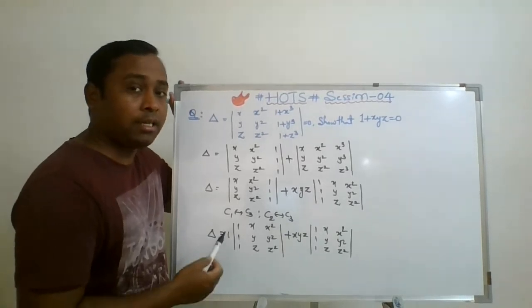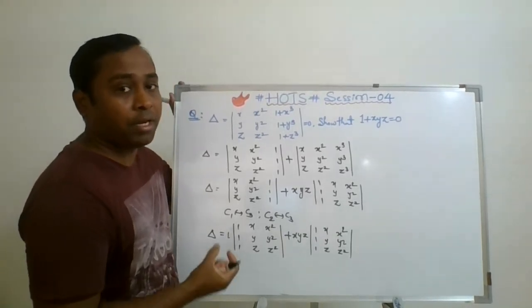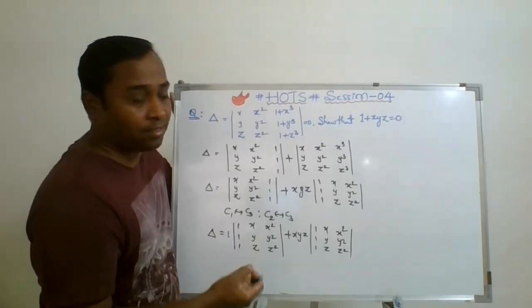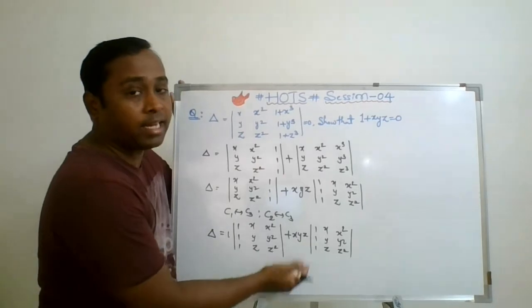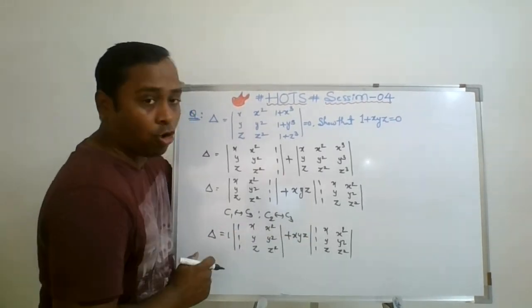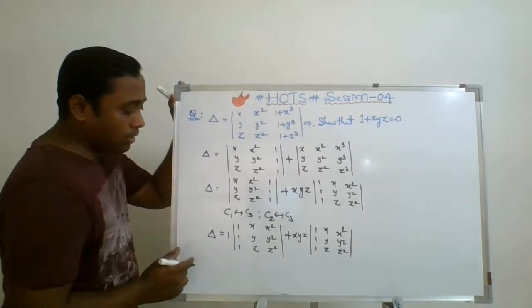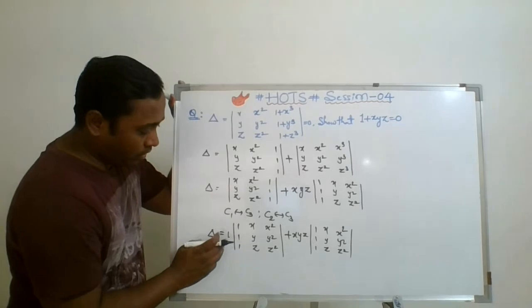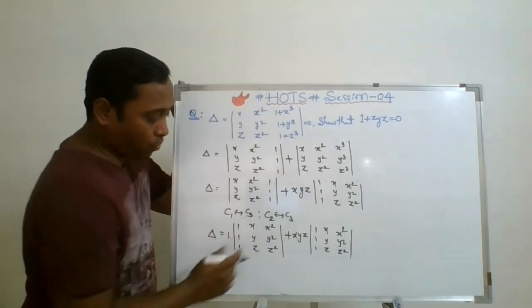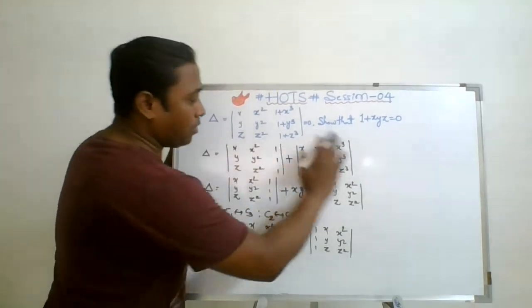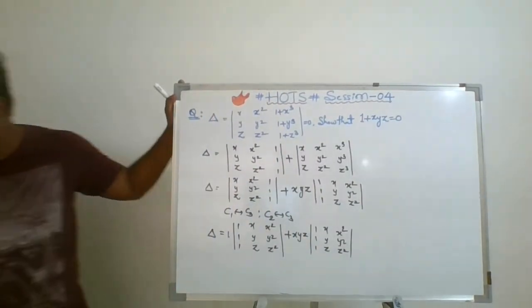Because a determinant is simply a number that may be real or complex. Since it's a number, I can take it as a common factor. So what is left if I take this as a common factor? I'm left with 1 plus xyz, and I'm writing this step.